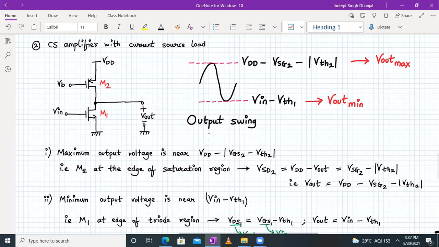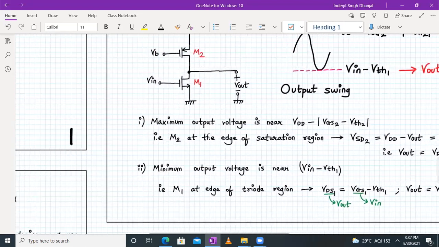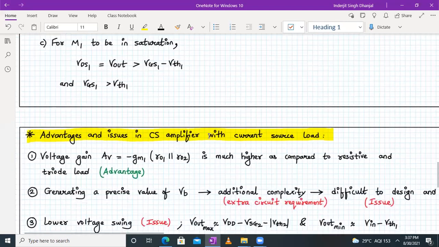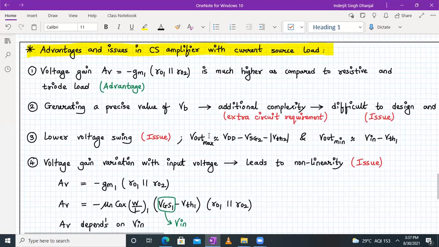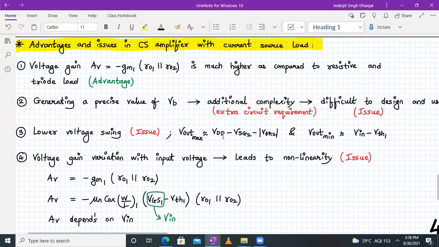Okay, so let's proceed forward, and we have come to the end of discussion for the common source load, right? So let us see some of the advantages and issues associated with common source amplifier with a current source load. So first of all, let's see an advantage. Voltage gain is given by minus GM1 into RO1 parallel to RO2, which is much higher as compared to resistive and the triode load.